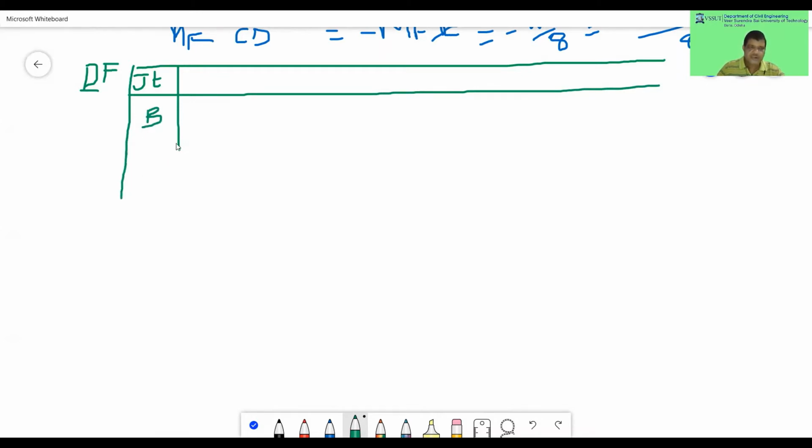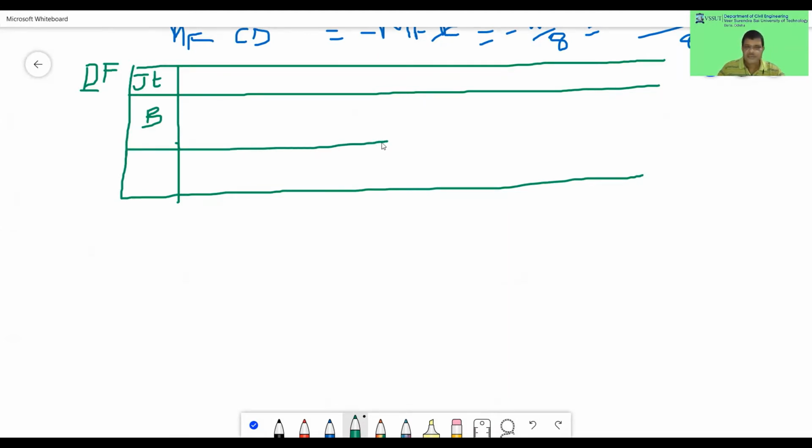Joint B and joint C. What are the members? The members will be BA, BC, and CB, and CD.